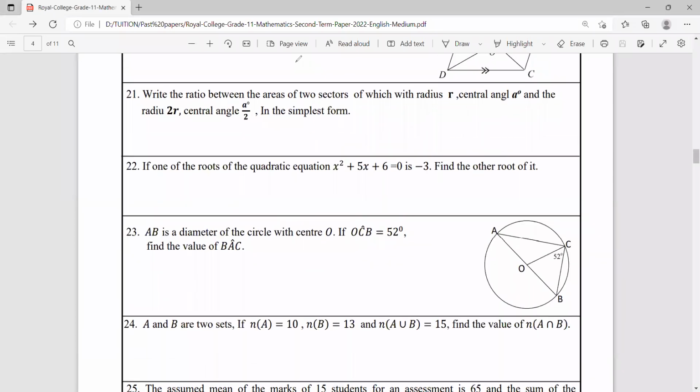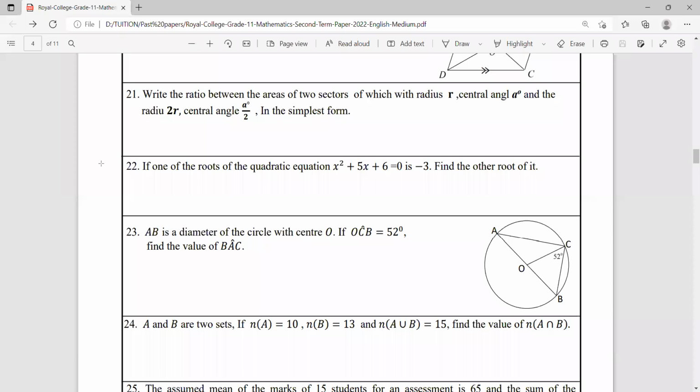And write the ratio between the areas of two sectors, one with radius 2r and central angle A divided by 2 degrees, and the other with radius r and central angle A degrees, in the simplest form.